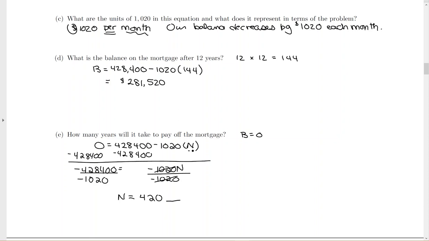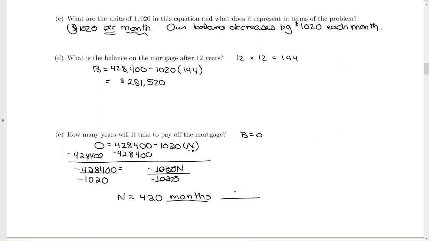But then the unit label here, remember, our N was in months. You got to go back to the original problem to see what the label was. So the question is, how many years is in 420 months? So we're going to divide by 12.